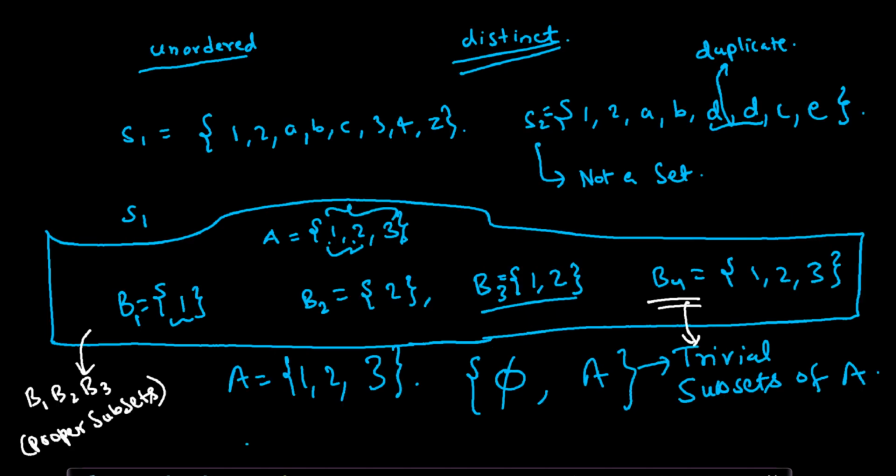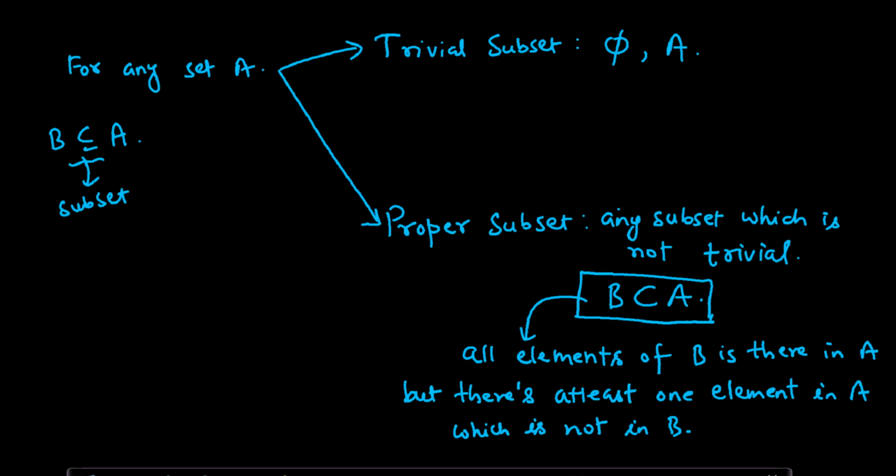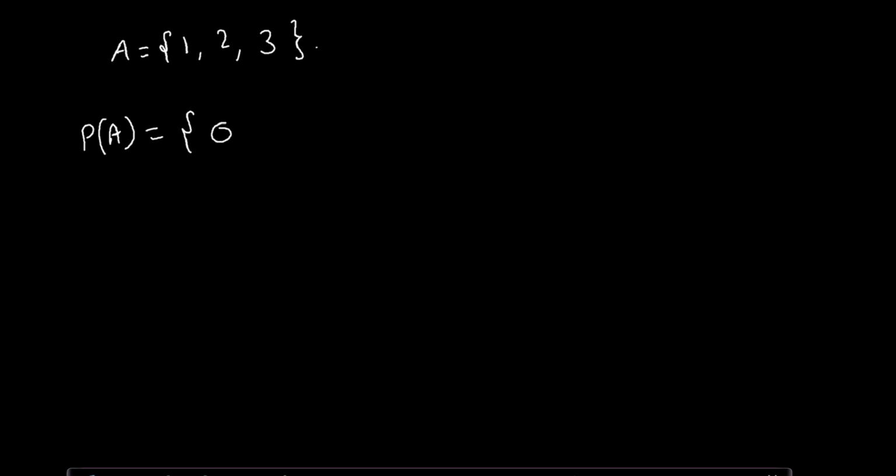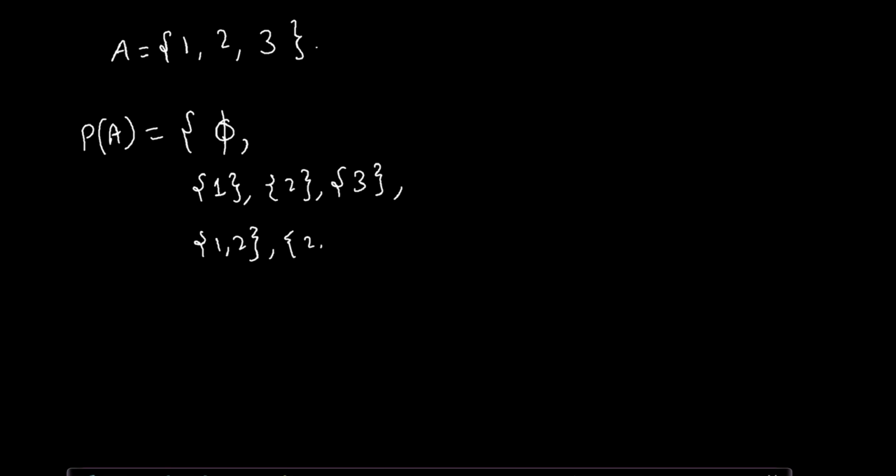Like for example, let's continue with 1 to 3. A is equal to 1, 2, 3 only. Phi is a subset of A. Okay, the subsets of one length, these are subsets. Then 1 and 2, 2 and 3, 1 and 3, 1, 2, 3.